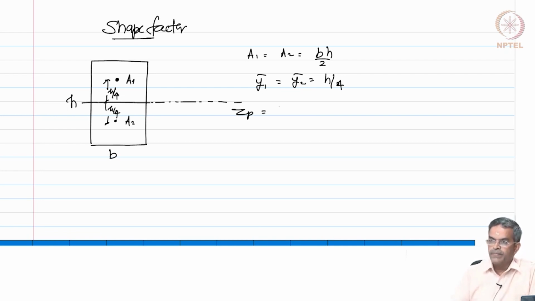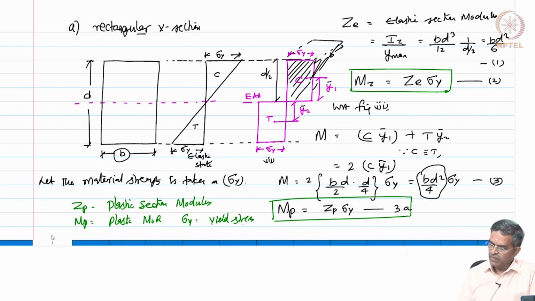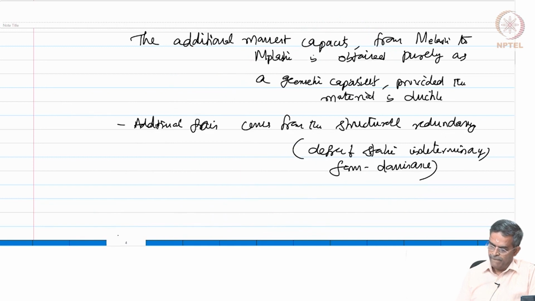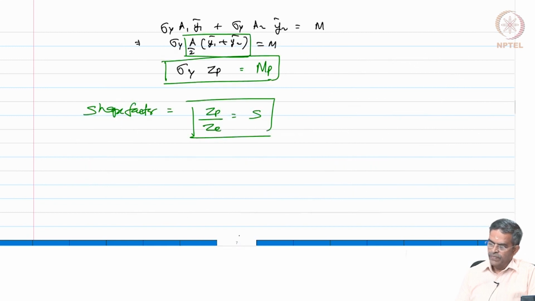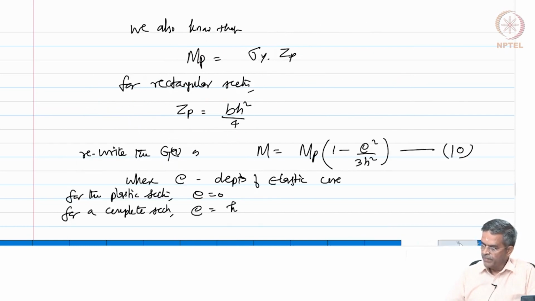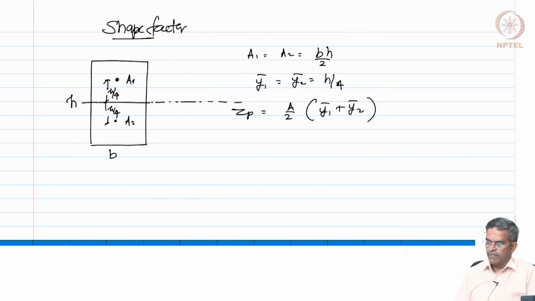So, ZP is actually, the equation is A by 2 of y bar 1 plus y bar 2, is it not? That is the ZP value. We had somewhere here this. So, this is ZP. So, that is what we are trying to say here. Y bar 1 plus y bar 2, correct.